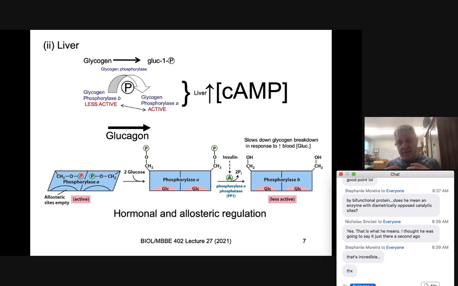That structural conformation change only occurs with two moieties of glucose as a substrate binding to the enzyme to cause an allosteric modulation, a structural change, which will then allow the phosphorylated serines to be presented to go through the process of dephosphorylation. And with that dephosphorylation, we get the less active form.